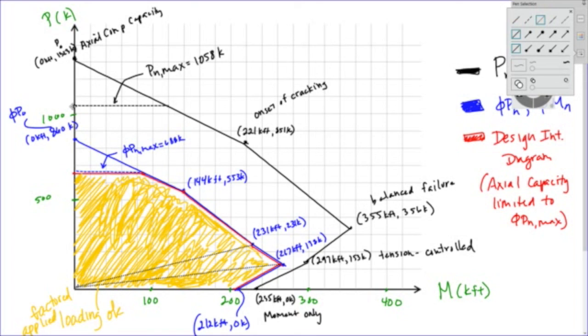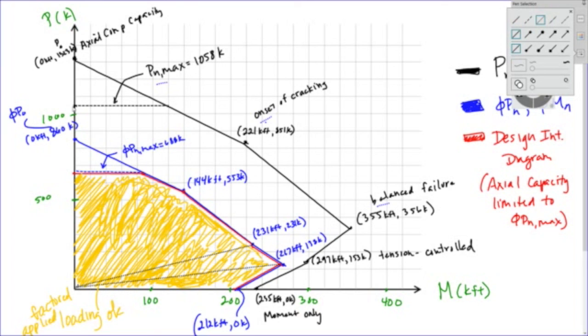For my balanced failure, onset of cracking, and my axial capacity.